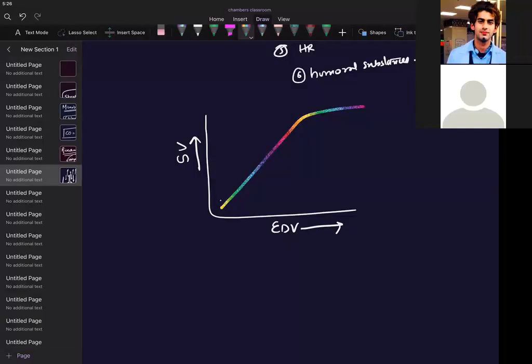Whatever the stroke volume is, it is increasing with the end diastolic volume, isn't it? See, this is increasing, progressively increasing. That means this state will also tell us what the end diastolic length is.